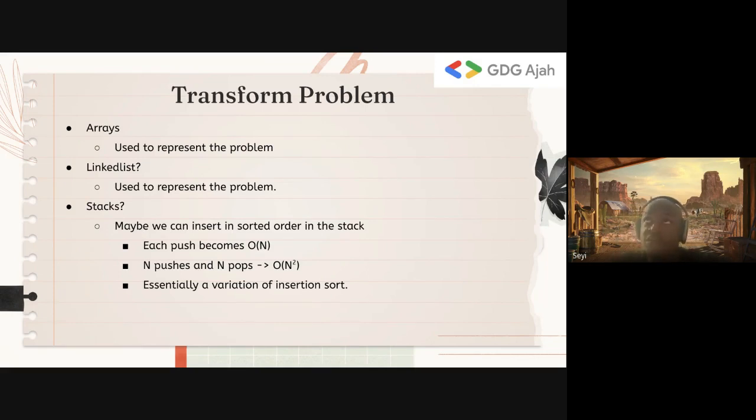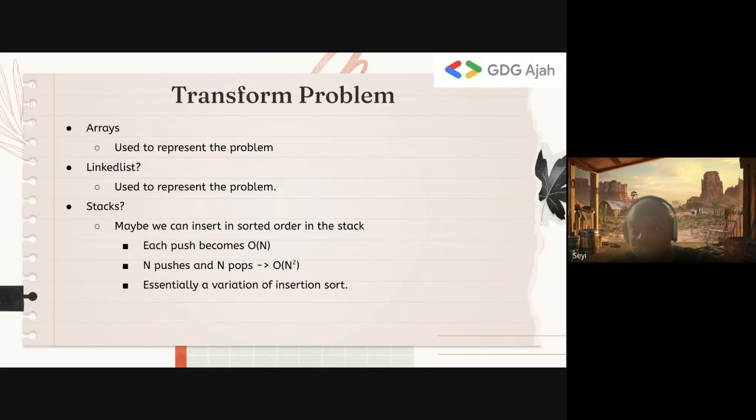So let's see stacks. If we dump all the items in the stack and remove all the items from the stack, it's not really going to help us because the stack is last in, first out. Maybe we can insert the items in sorted order in the stack. Yes, that's possible. Let's say we push 1 to the stack, and we push 3 to the stack.